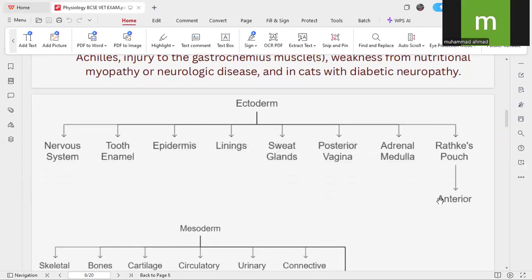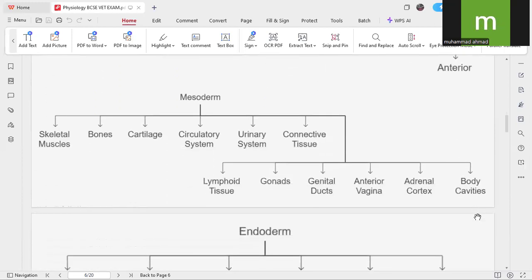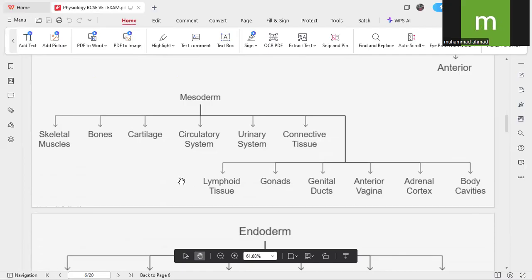There are different derms. Ectoderm involves nervous system, tooth enamel, epidermis, linings, sweat gland, posterior vagina, adrenal gland, the Rathke pouch, and mesoderm involves skeletal muscles involving the structure like bones, cartilage, circulatory system, urinary systems, and connective tissue.